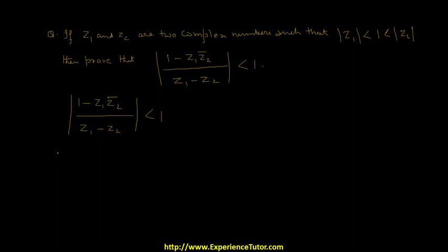Now we can write it as modulus of 1 − z1 conjugate of z2 whole square is less than modulus of z1 − z2 whole square.